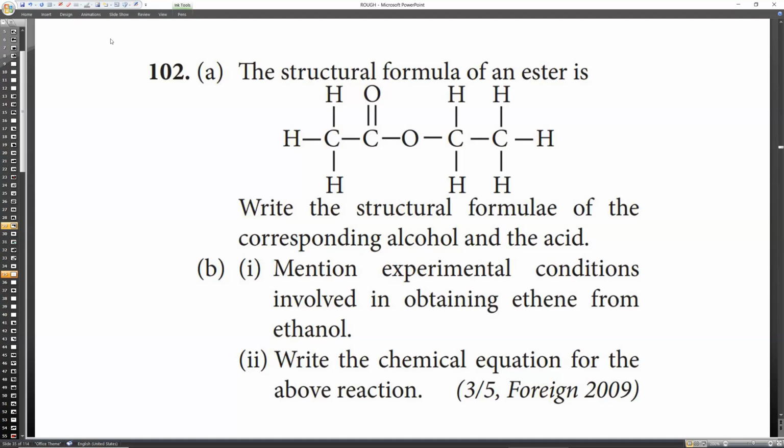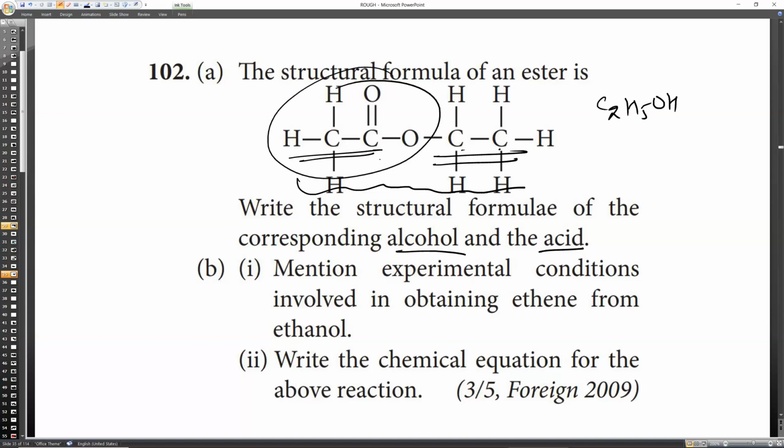So can you tell me the alcohol and carboxylic acid of this ester? The alcohol is ethanol, which is the 2 carbon alcohol C2H5OH, and the acid is ethanoic acid, CH3COOH.